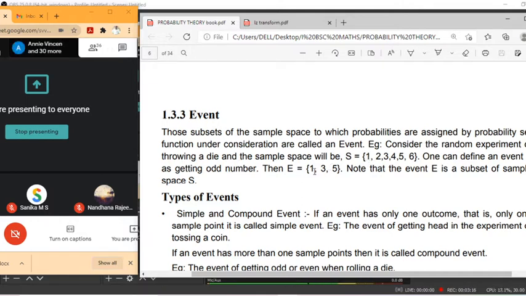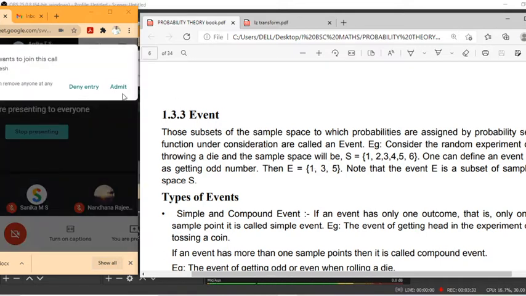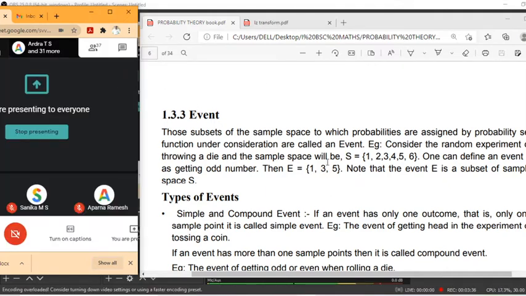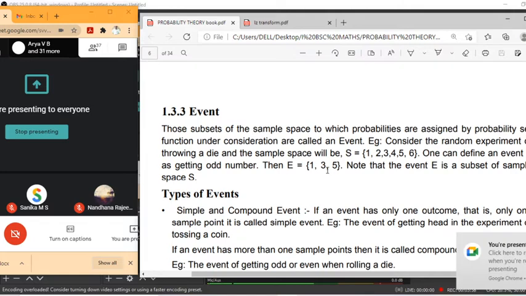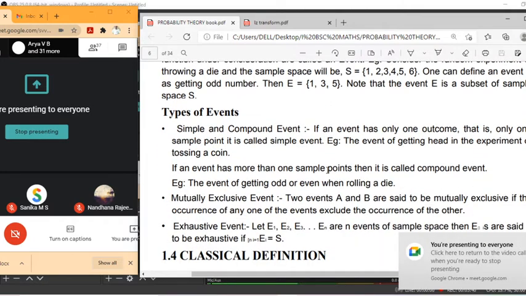What is the chance of getting even numbers, or what is the chance of getting odd numbers? Usually we are addressing such problems. So we can assign chances or probability to events also. Okay. And those numbers are called probabilities.